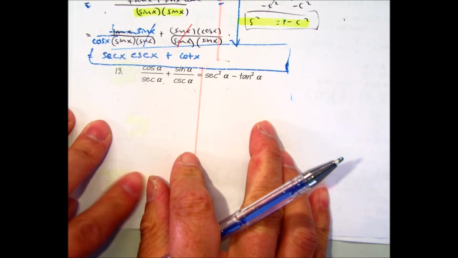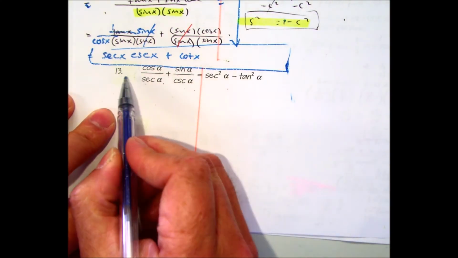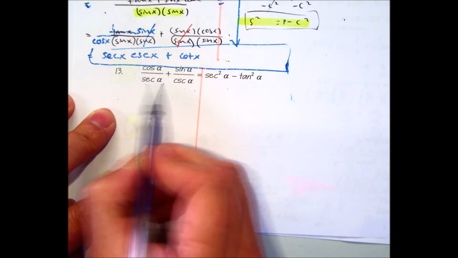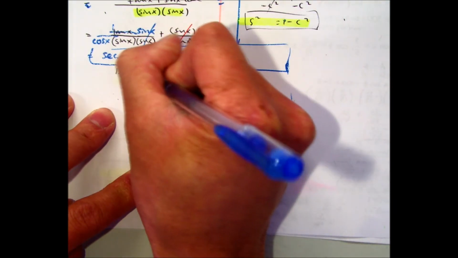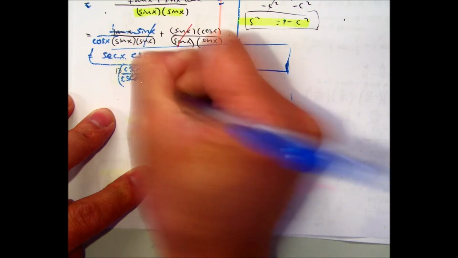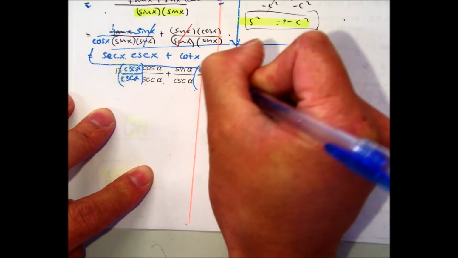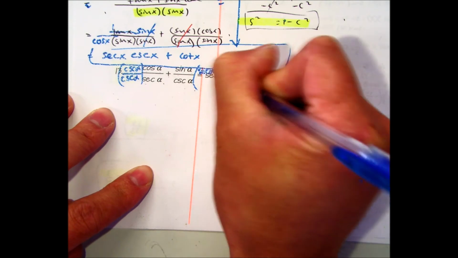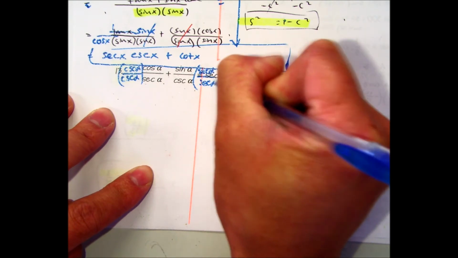We're going to do the same thing. This side has a secant, but it does not have a cosecant, so I'm going to multiply by cosecant alpha over cosecant alpha. And on this side, we're going to multiply by secant alpha over secant alpha.